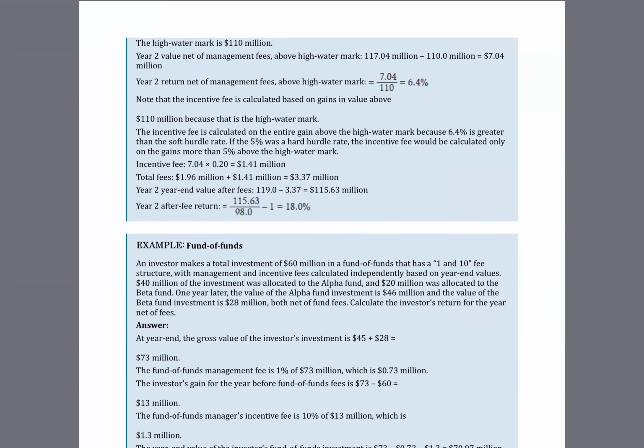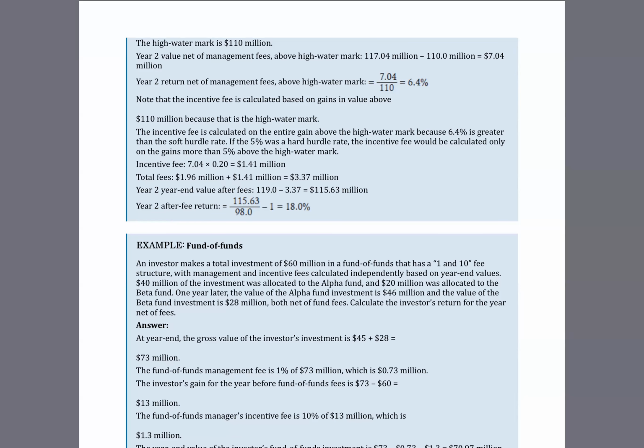That's why I'm saying that if it's a hard hurdle, how much have you lost in the past? Recoup the losses before we start talking about your incentive. So you recoup the losses, then we talk about the incentive. The incentive is 20% of this. So we'll now calculate the 20% of the difference, which is the 7.04, which gives you 1.4. Then we add it to the 1.96 for a total of 3.37.